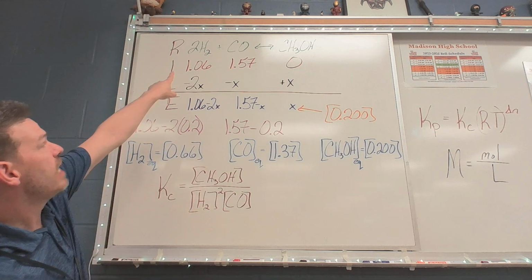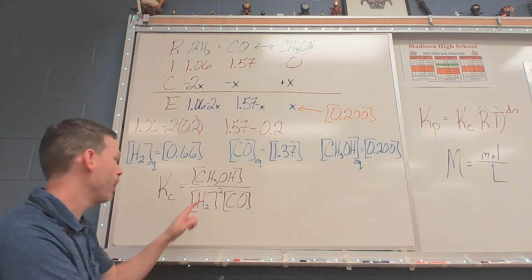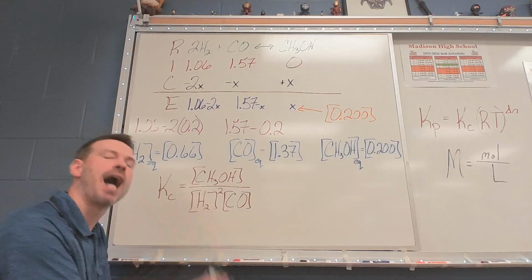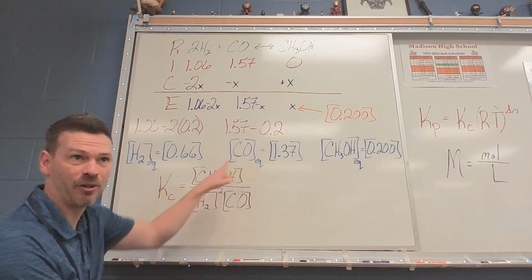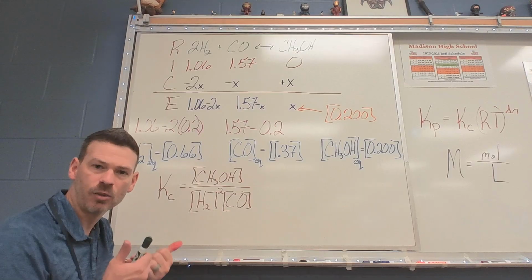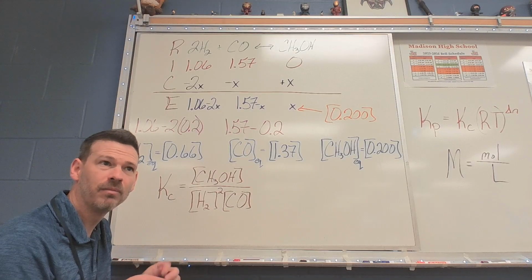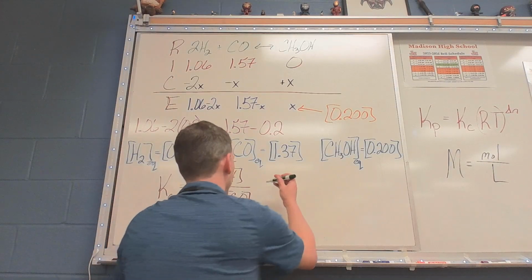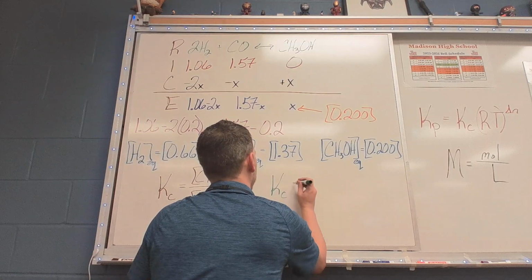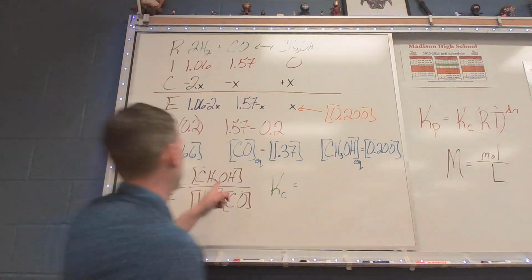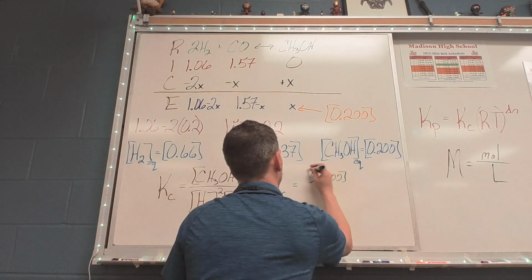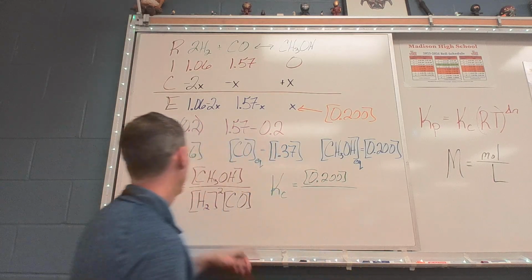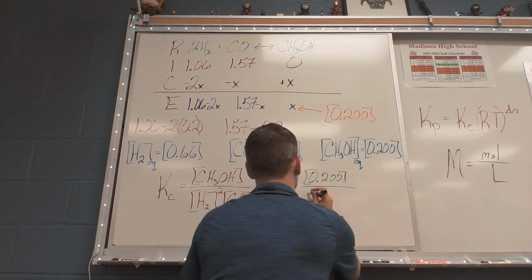Now remember, y'all, those red numbers up there could not go into this equation because they were not equilibrium numbers, they were initial. But the blue numbers are equilibrium because the Rice table is awesome. And now you can substitute. So we're going to go Kc equals the values. The CH3OH will be 0.2 over the H2 will be 0.66.